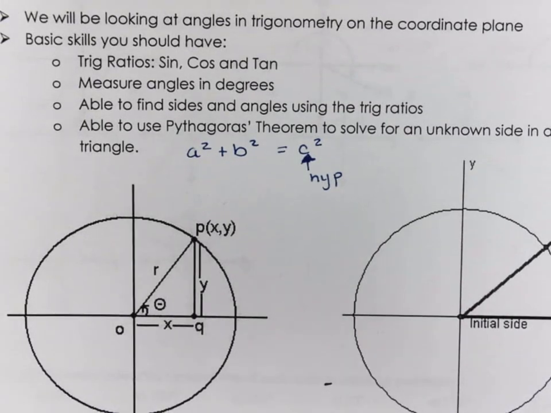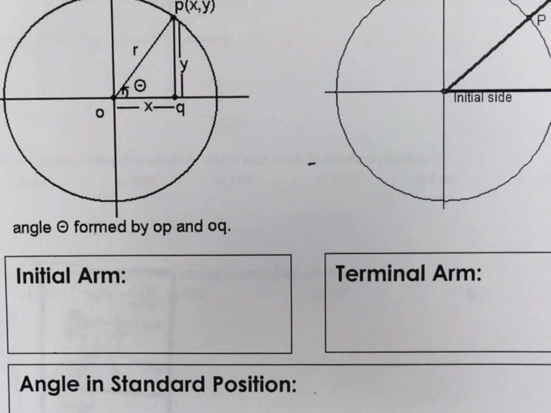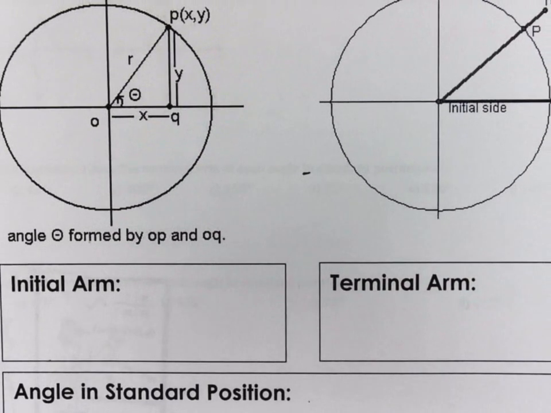Okay, so we've got some new things to learn. The initial arm, we're going to talk about initial, terminal, things like that.